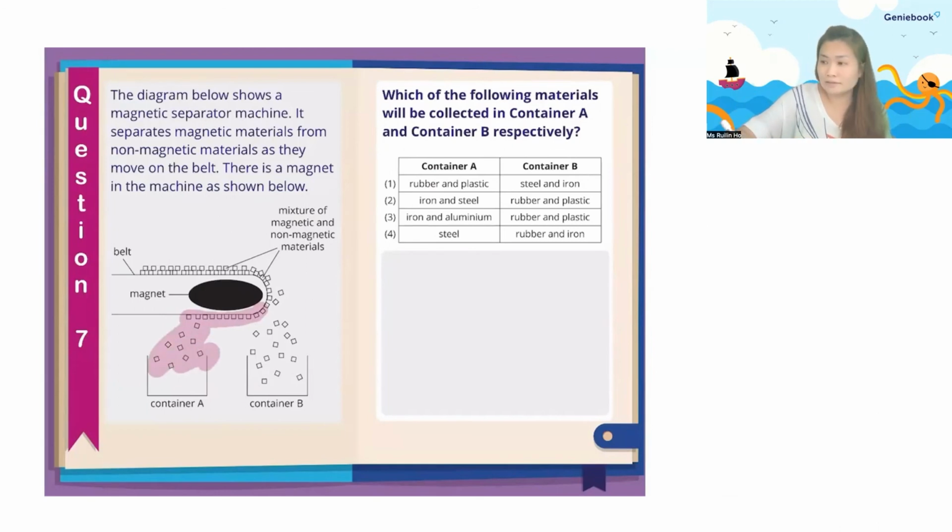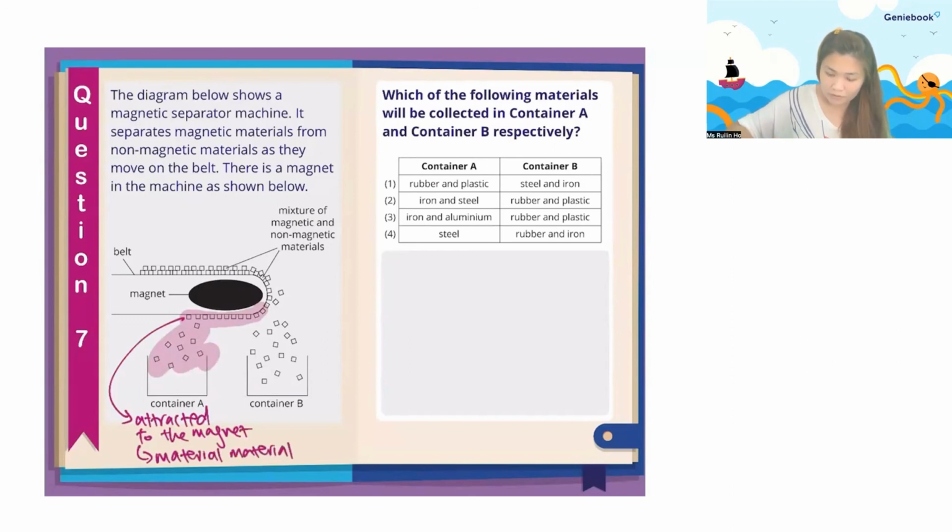This part is attracted to the magnet, meaning that it has to be magnetic material. So container A will be all the magnetic material. And what about container B? Container B, you notice that it's not attracted, so it just drops down into container B.